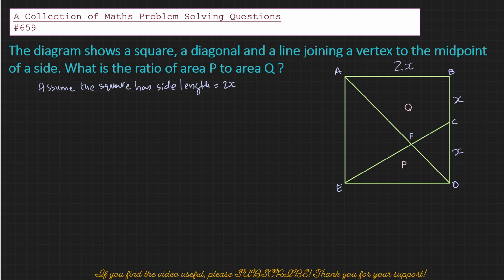Before we find the area, we need to do something about these two triangles AFE and DFC. We need to find the relationship.